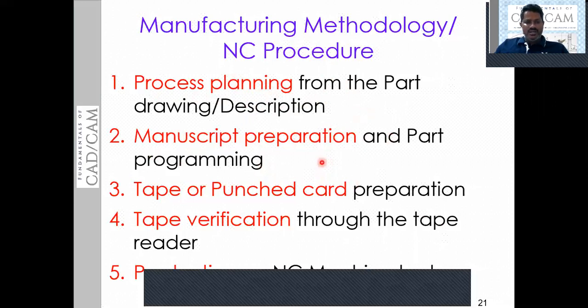This manuscript is a document which documents all the steps to be performed, the description of the steps, and the machine to be used. All those instructions are documented on the manuscript. The time to be taken will also be documented, and it is an input to the part programming.